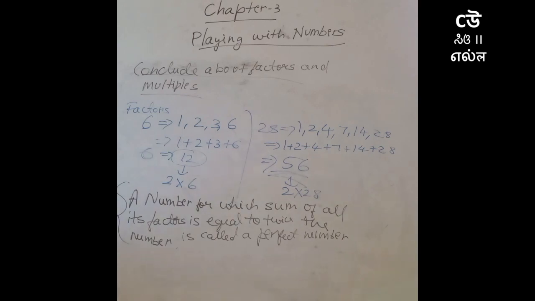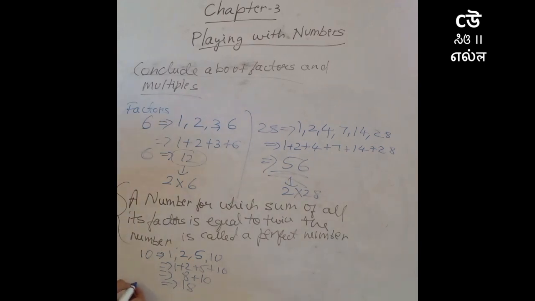I'll show one more example. I'll take 10. So for 10, what are the factors of 10? 10 has factors 1, 2, 5, 10. Right. So if you add 1 plus 2 plus 5 plus 10, what is the answer you'll get? 8 plus 10, so you'll get 18 as the answer. So you got 18 as the answer, children.